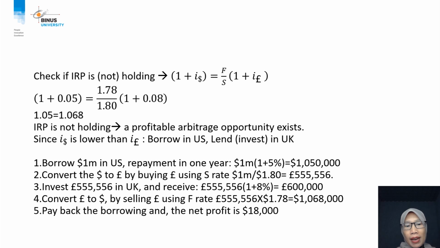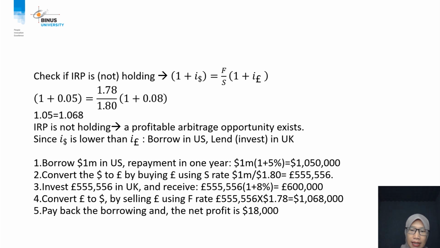Then you invest that amount in the UK and receive £600,000 in 1 year. Then you convert it back to dollars by selling pounds using the forward rate, which is 1.78. So you are going to have $1,068,000. In the end, you pay back the borrowing and your profit is $18,000.